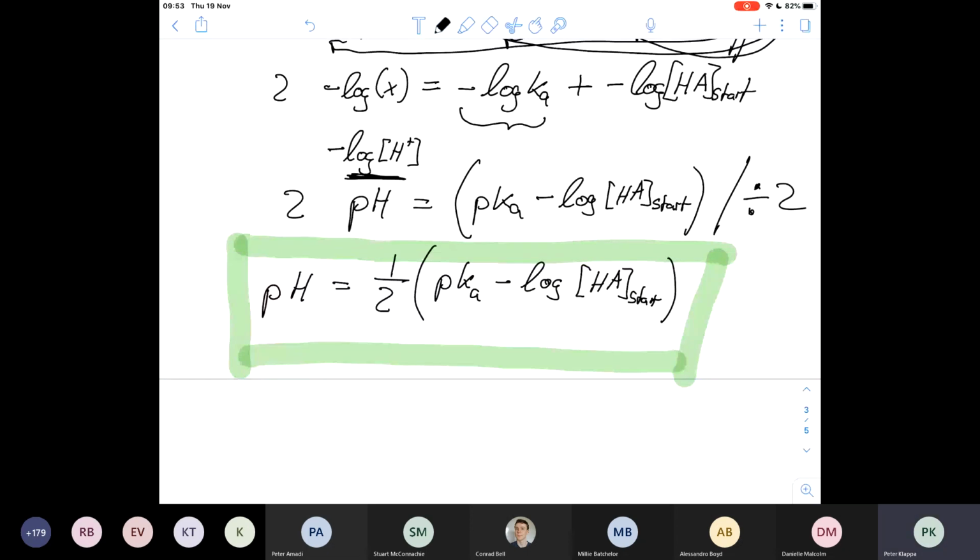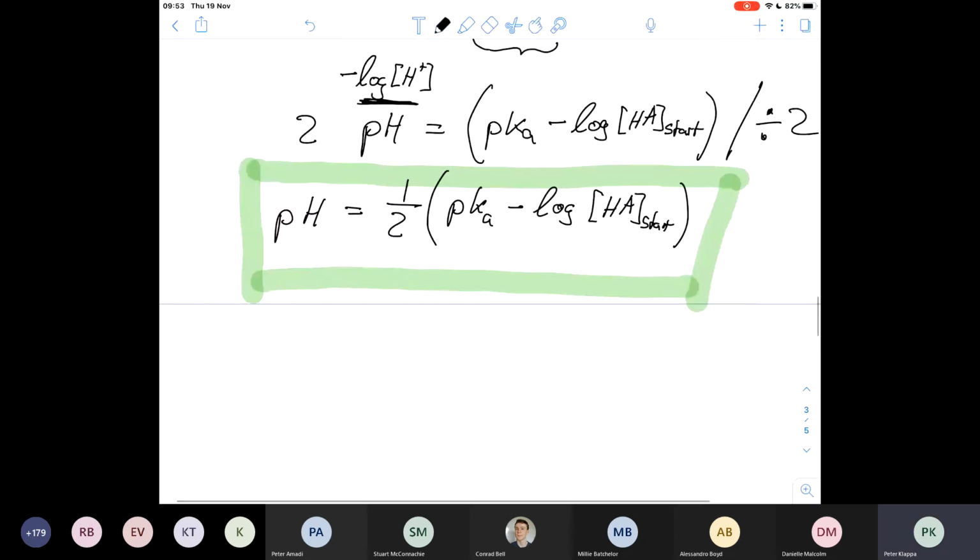And this, ladies and gentlemen, is the equation for the pH of a weak acid.